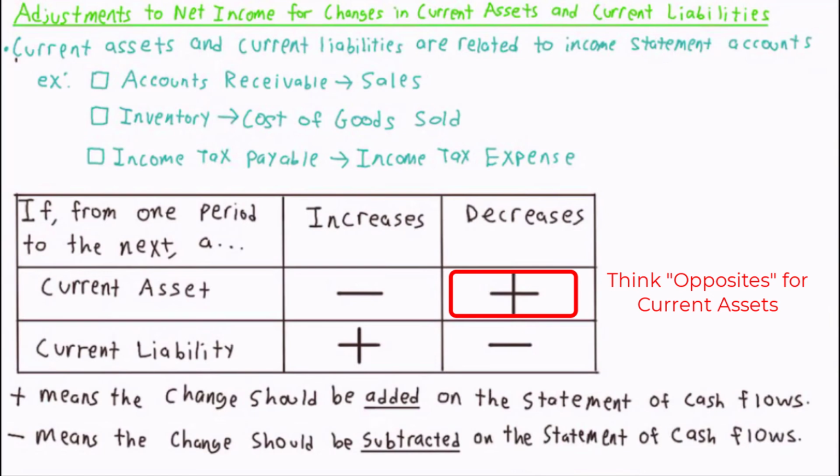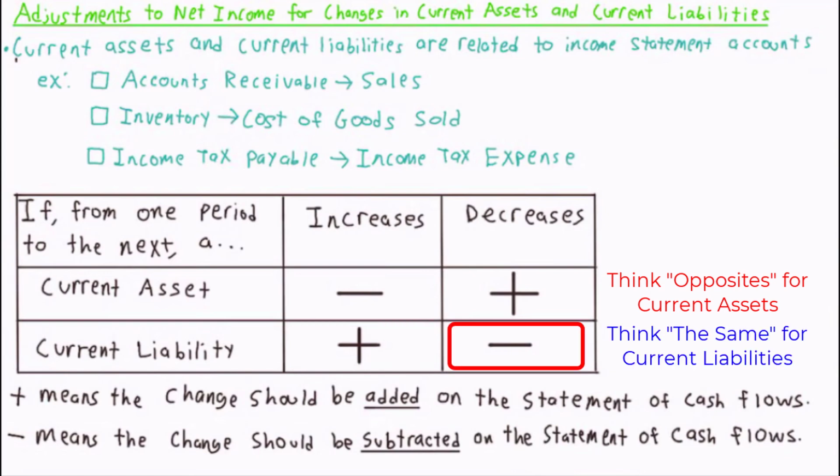Subtract the increases and add the decreases. For increases in current liabilities from one period to the next, the increase should be added to the statement of cash flows. If a current liability decreases from one period to the next, it should be subtracted on the statement of cash flows. Think the same for current liabilities. Add the increases and subtract the decreases.